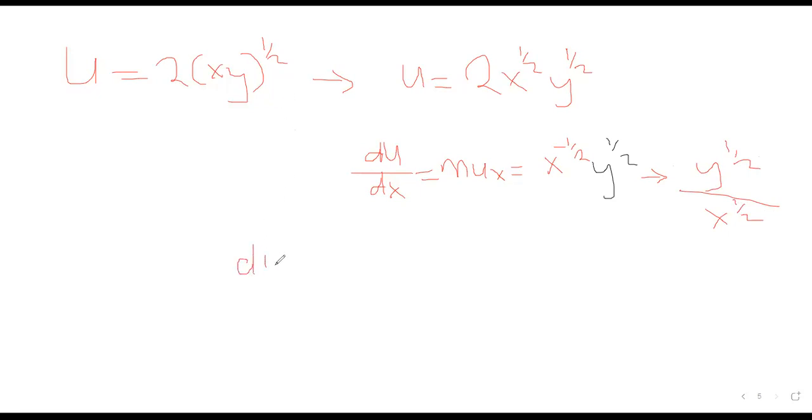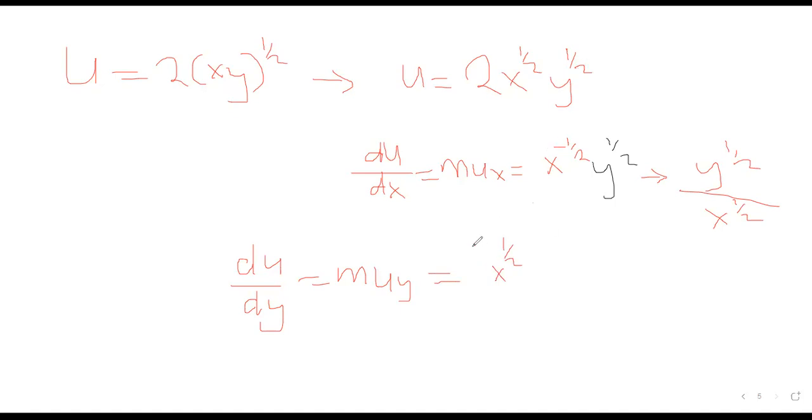If you want to find du over dy, this is the marginal utility of y. Our dummy in this case will be x. We're interested in the y, so cut this and bring it as it is. So we're going to remain with 2y to the half. When we differentiate 2y to the half, what do we get?